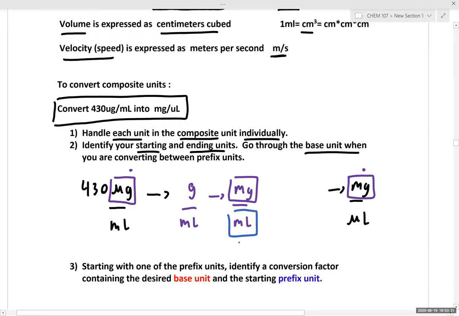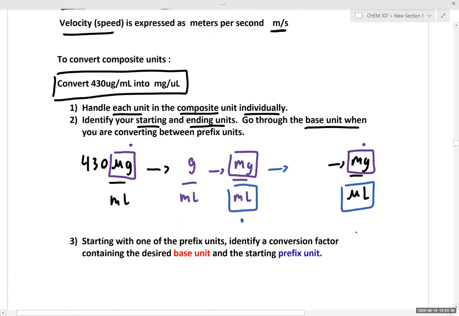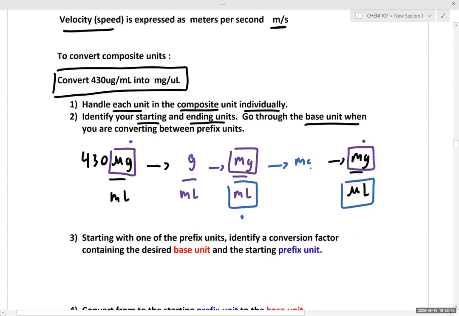In the bottom half, we're trying to go from milliliter to microliter. What is our intermediate stepping stone to go from 1 over milliliter to 1 over microliter? Liters. So we're going to go to milligram per liter.